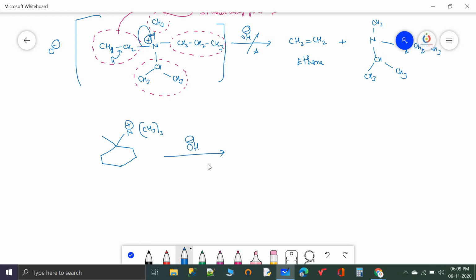Take the base and heat it. Here these are all only single carbon atoms, so that they cannot develop the bond. So here hydrogen and here hydrogen. Two chances, either by losing from this side or by losing from this side. These two carbon and hydrogen atoms are the same. So the less substituted alkene is this one.